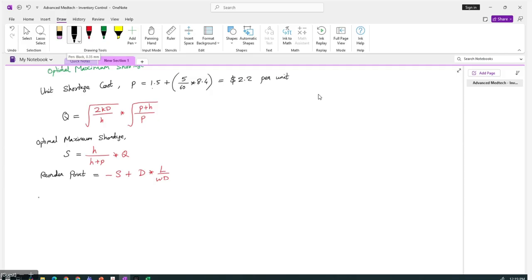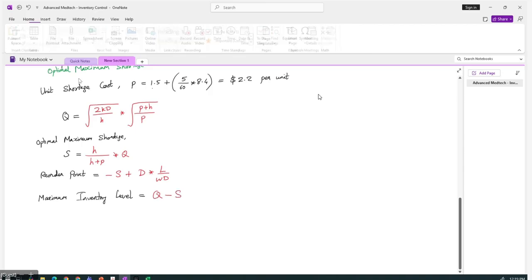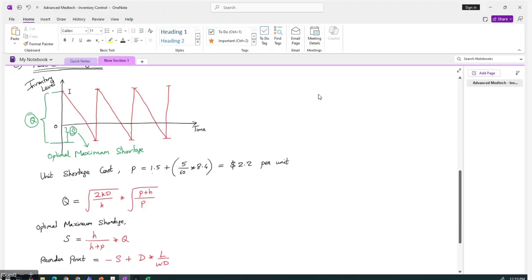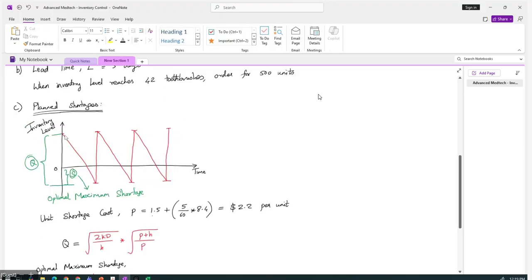Then you have the maximum inventory level. This is given by Q minus S. What do I mean by that? You can see here, this point is the maximum inventory level.